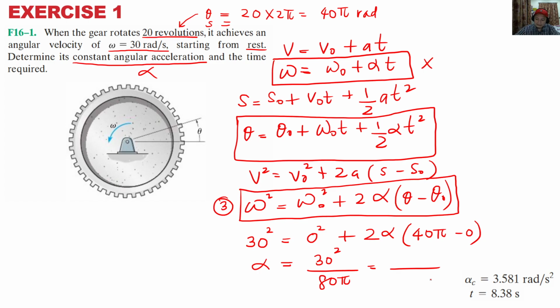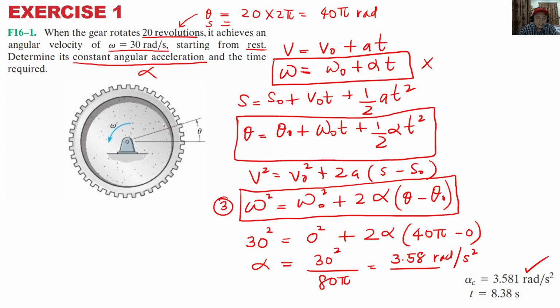Should be. Let's try. 30 squared divided by 80 divided by pi. 3.58. 3.58 radian per second squared.